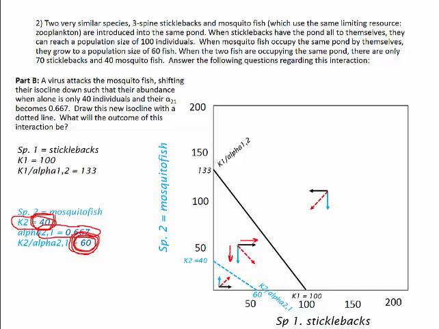So the combined vectors, growth for species 1 and decline for species 2, lead to a net direction of the ratio of the two species down and to the right, and that's what we see here. And what would happen over time is that the populations would drift, species 2 would get smaller and smaller, and species 1 would get larger and larger until it reaches its carrying capacity, and eventually species 1 wins.